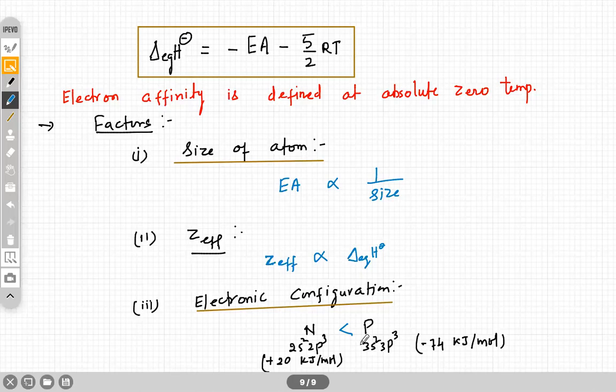This is the electron gain enthalpy, right? So if electron gain enthalpy is positive, then electron affinity is negative. So electron affinity of nitrogen is more than that of phosphorus. Got it?